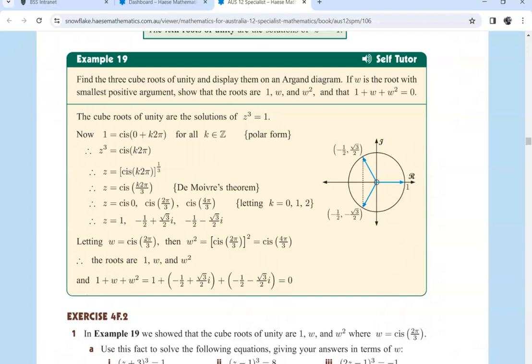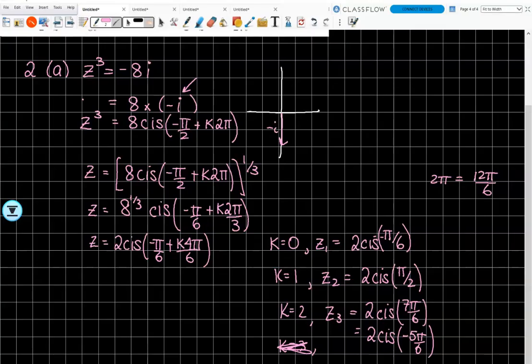Some students draw them here, here and here, but no, they've actually got to be evenly spaced. So do make sure that you have that, and that's what's coming.